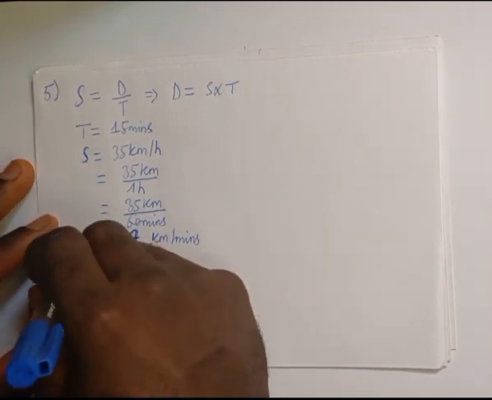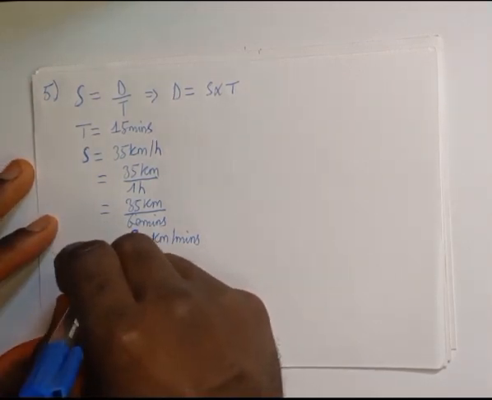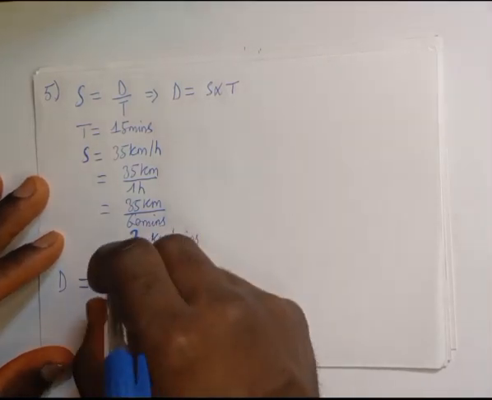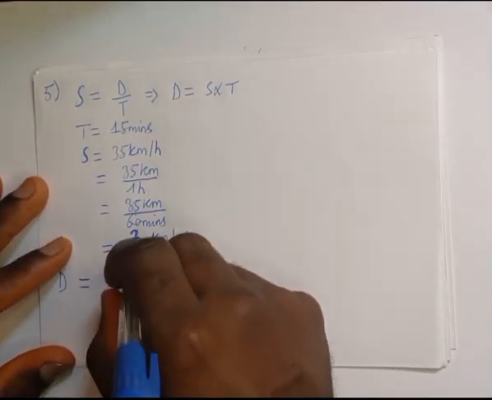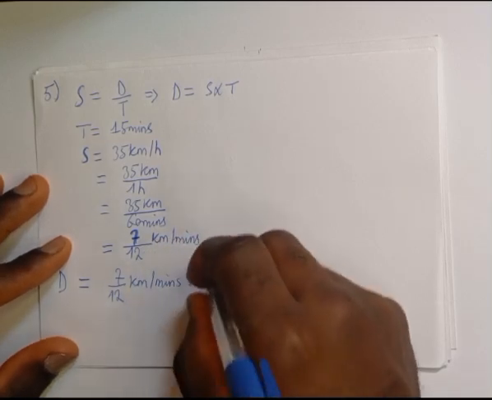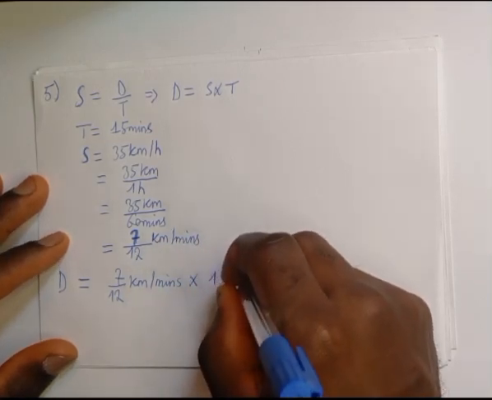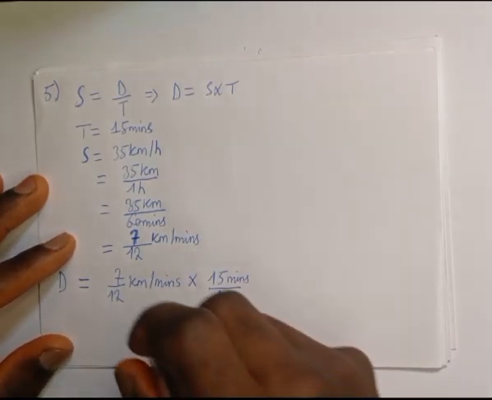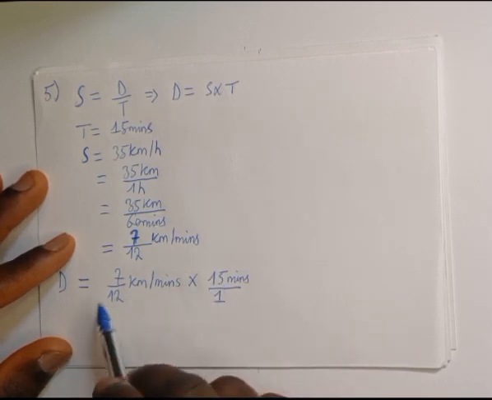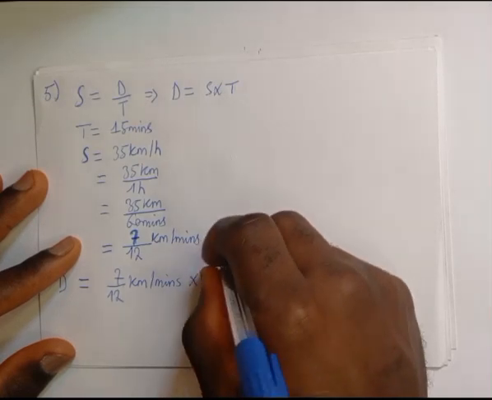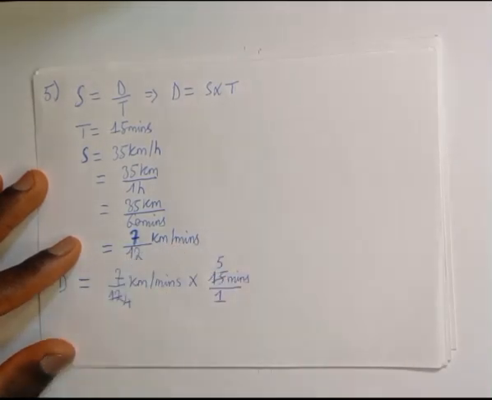So this is the average speed of D4 in kilometers per minute. Now we can calculate the distance traveled by D4 from the house to school in 15 minutes time. This will simply be 7 all over 12 kilometers per minute times the time taken, which is 15 minutes, 15 over 1. Now if we simplify, the highest common factor of 15 and 12 is 3. 3 will go into 15 5 times, and 3 will go into 12 4 times.